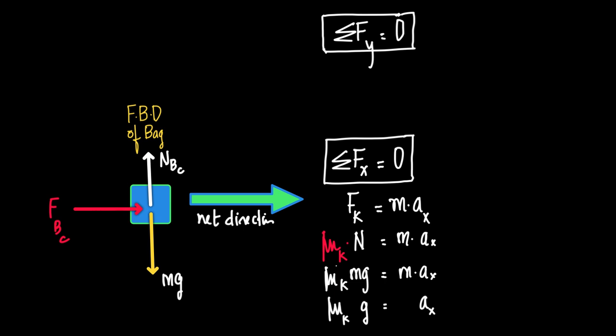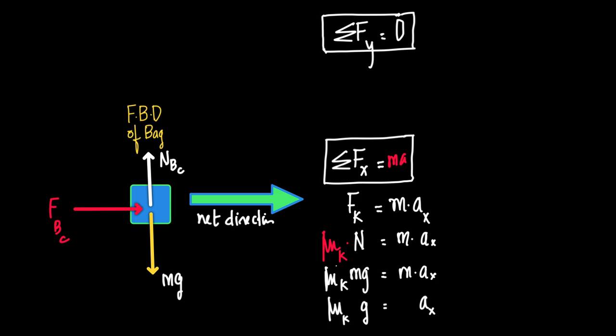When we consider the free body diagram of the bag, we don't consider forces acting on the conveyor. Now, sigma Fx equals ma, and sigma Fy is equal to 0. Why?